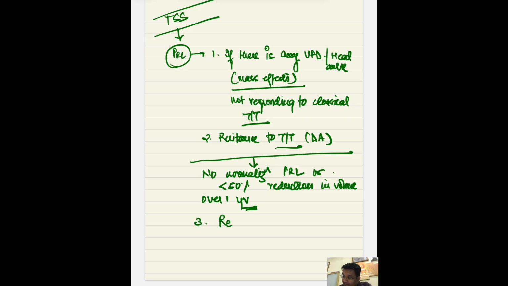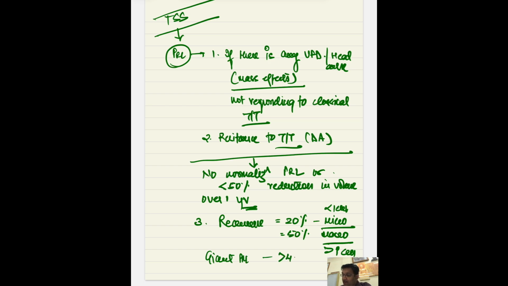Thirdly, there is recurrence, which is around 20% in case of microadenoma and around 50% in case of macroadenoma. I assume that you know that microadenoma is less than 1 centimeter, macro is more than 1 centimeter, and giant prolactinoma is more than 4 centimeter or having more than 2 centimeter suprasellar extension.